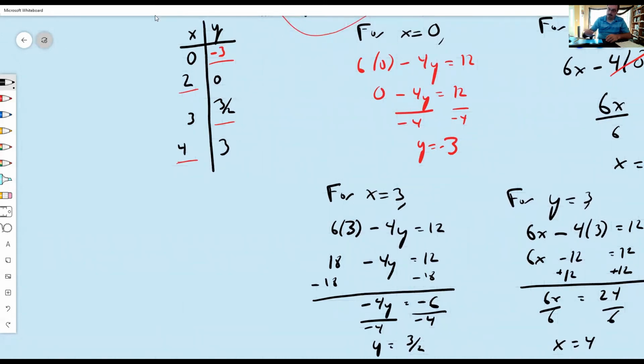Now I need to graph this table. So each line on the table is a point. So this is the point 0, minus 3, this is the point 2, 0, point 3, 3/2, and the point 4, 3.